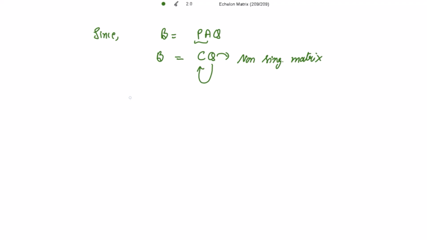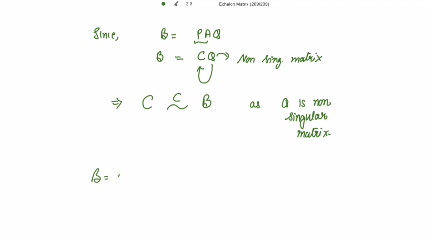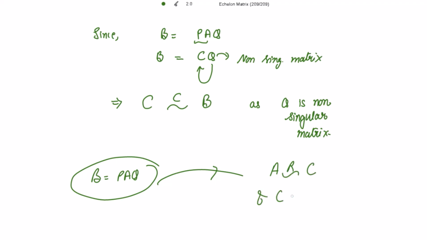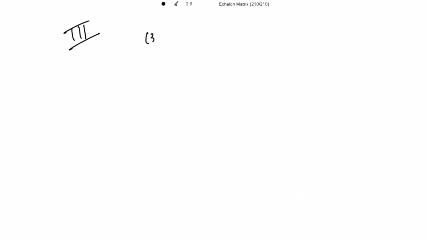So from here we can write that B is obtained from C by applying the column operations. Reason, as Q is a non-singular matrix. So this is also a result. Please take this as your remark. So from B is equal to PAQ, we have reached the third statement that A is row equivalent to C and C is column equivalent to B.